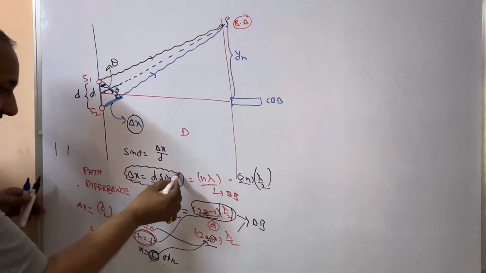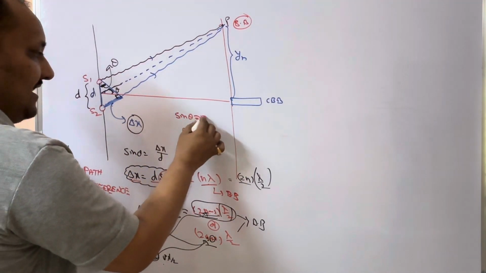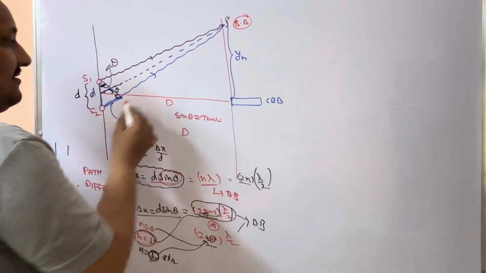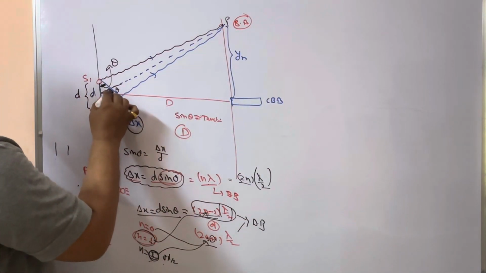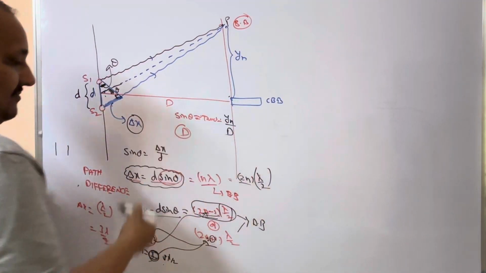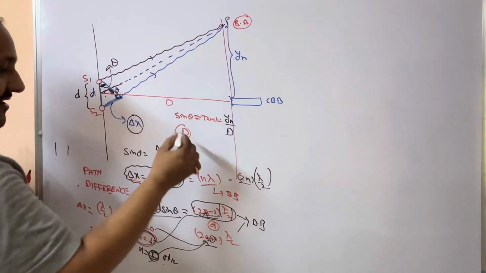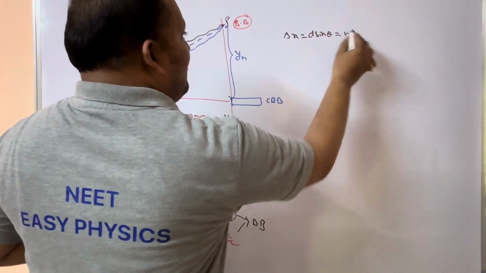Next, what is sin theta from the diagram? Whenever theta is small, sin theta is almost equal to tan theta. Tan theta is the opposite side by the adjacent side, so yn by D. In place of sin theta we can write yn by D. So the path difference delta x, d sin theta, is going to be n lambda.